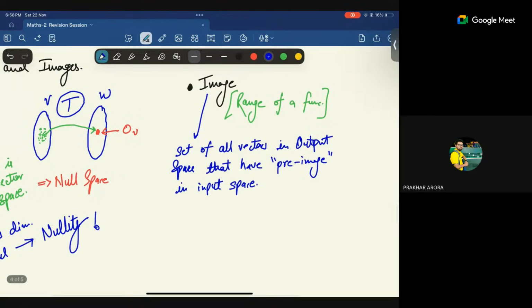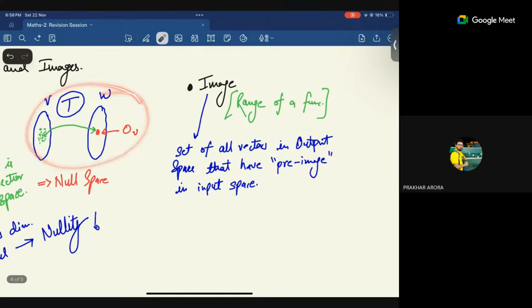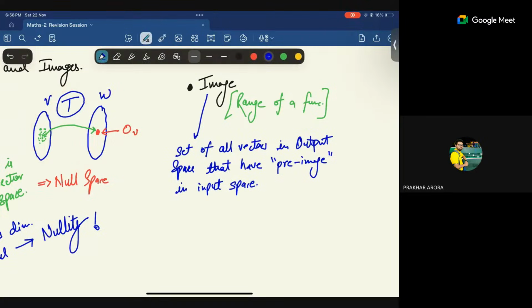Now let me draw an equivalent of this diagram for the image also. This is V, this is W. Here we have some dots, here we have yellow dots, and here there are blue dots.